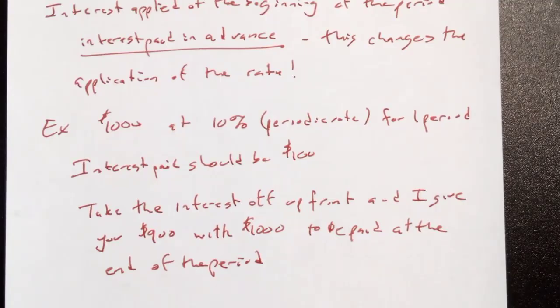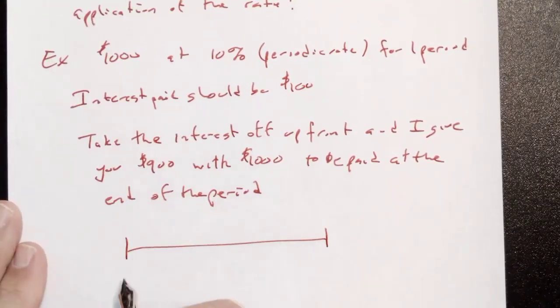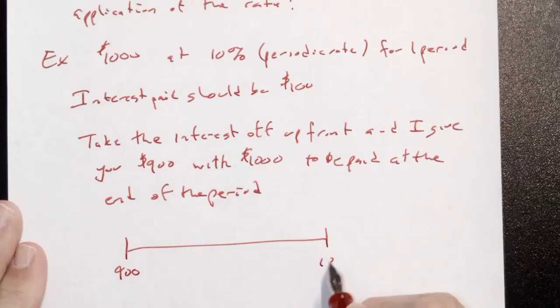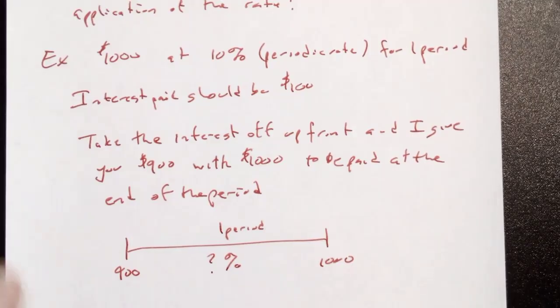But this is not the same as an effective annual interest rate. Because what this really means is that I took that $100 off in advance. What's the actual interest rate here?